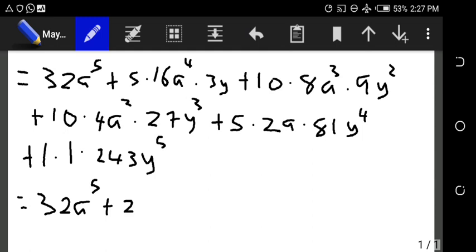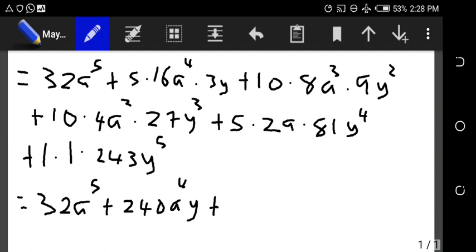So we have 240. Then we still have a raised to the power 4 and y. So we're having 240a raised to the power 4y. Okay, that is for that.